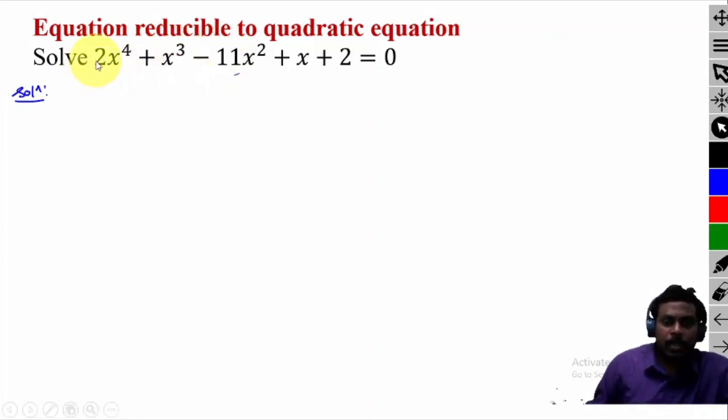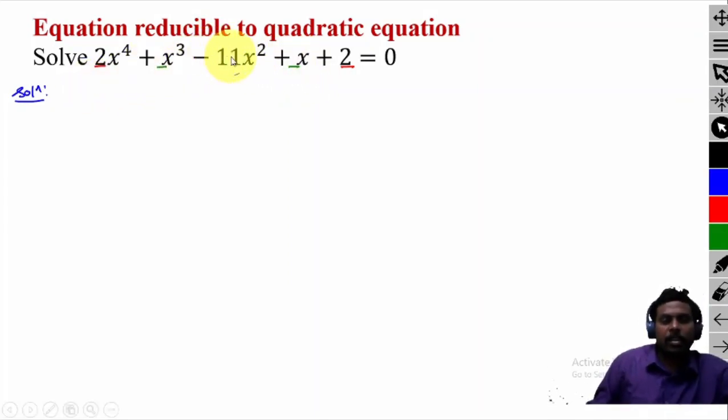Let us see how. One thing you can observe here is the coefficients follow certain patterns. The first coefficient and the last coefficient, and the second and the second last, are also the same.